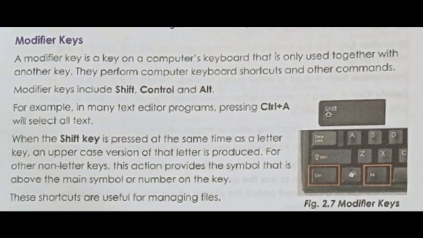When the Shift key is pressed at the same time as a letter key, an uppercase version of that letter is produced. For other non-letter keys, this action provides the symbol above the main symbol or number on the key. These shortcuts are useful for managing files.